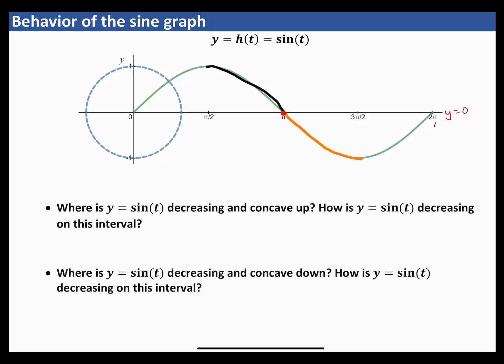So the sine of t is decreasing and concave up on the interval pi to 3 pi over 2. Right? So the slopes are negative, but it looks like the slopes are getting less negative, which is actually telling us that the sine of t is decreasing slower.